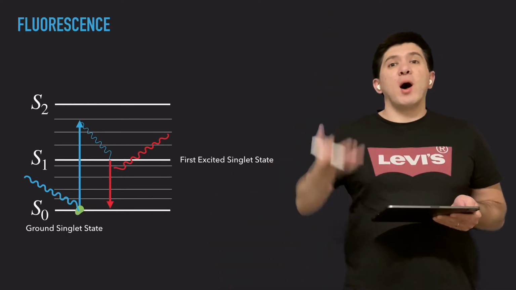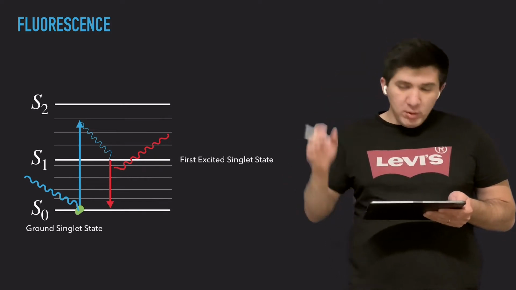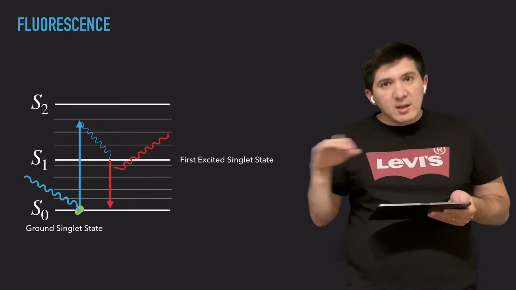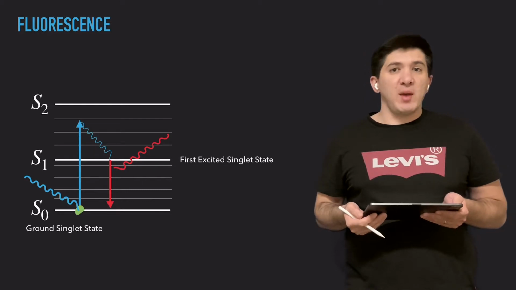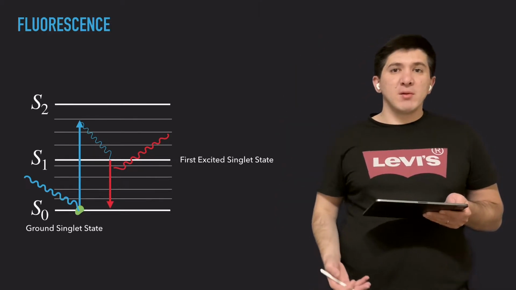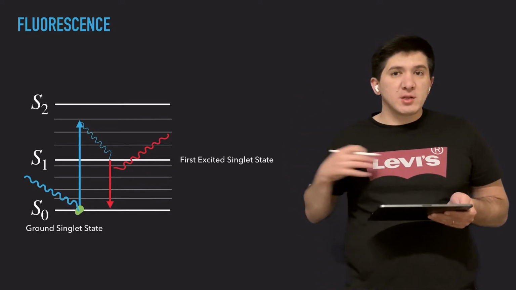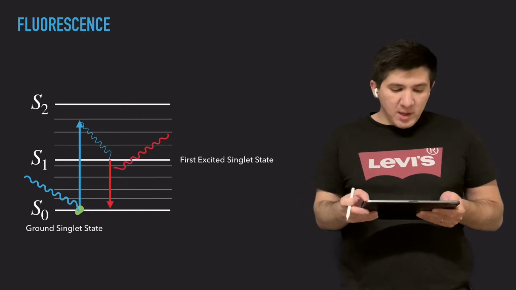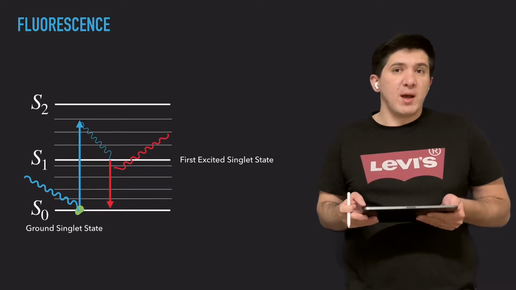So it's going to go up. It may go through the vibrational states to the first excited state, which is semi-stable, and then it may fall down suddenly to the ground state. Whenever it falls down, it's going to emit light. This process is called fluorescence.